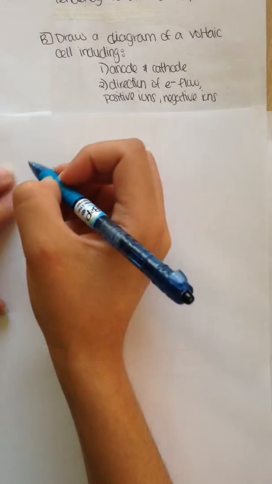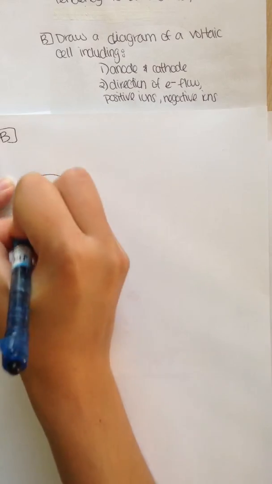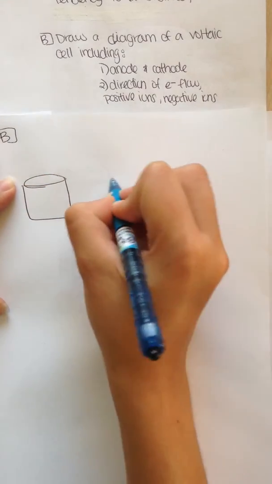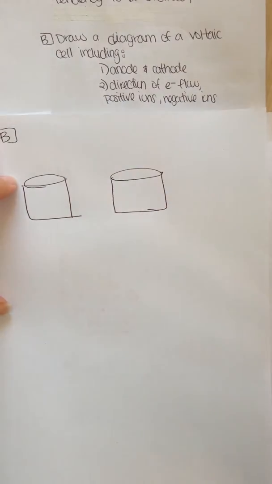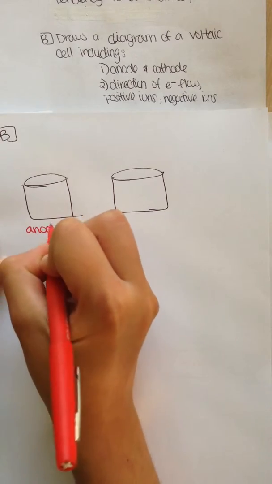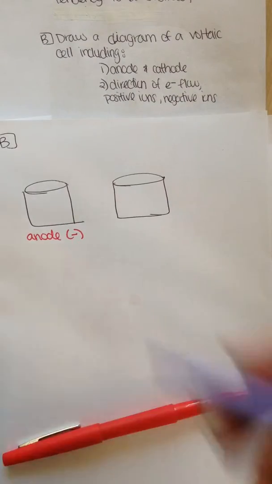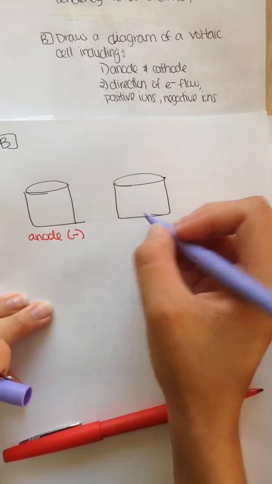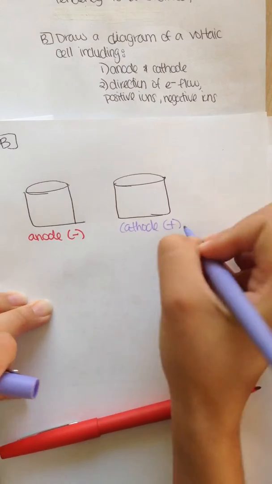So we need to draw 2 compartments. Let's just say this is the anode, which has a negative charge, and this is the cathode with the positive charge.